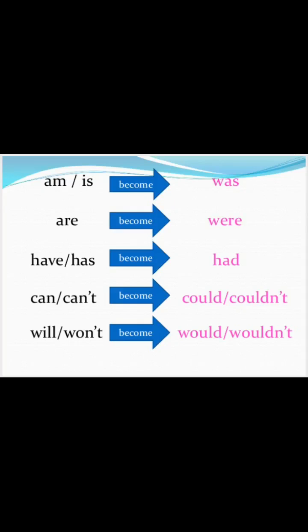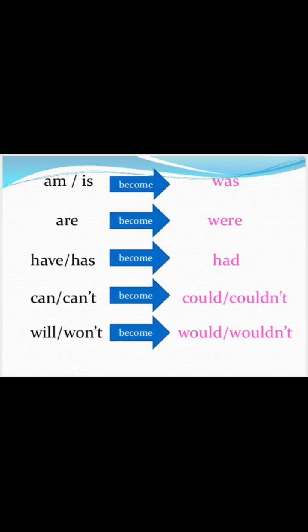Suppose if there is am or is in the direct speech of a statement, then while converting into indirect speech, this is or am is to be converted into was.